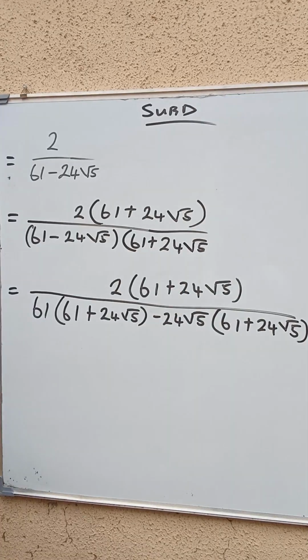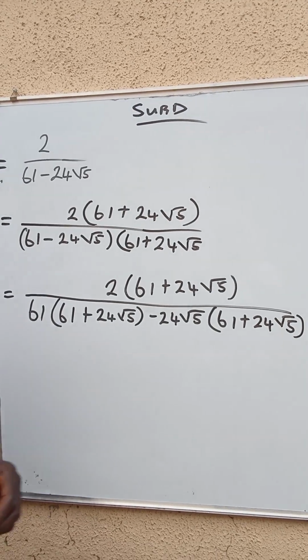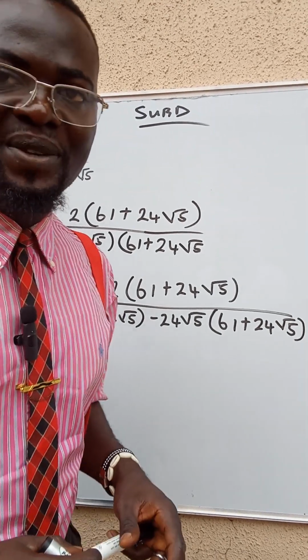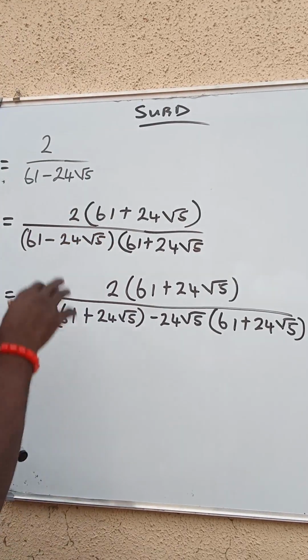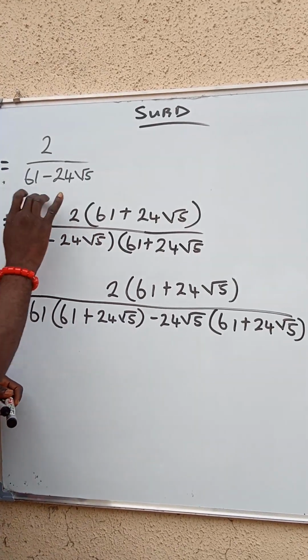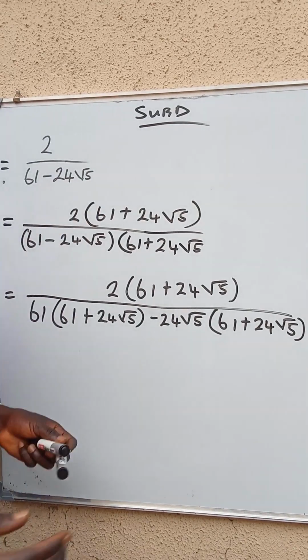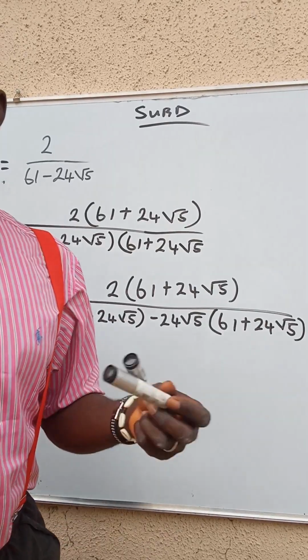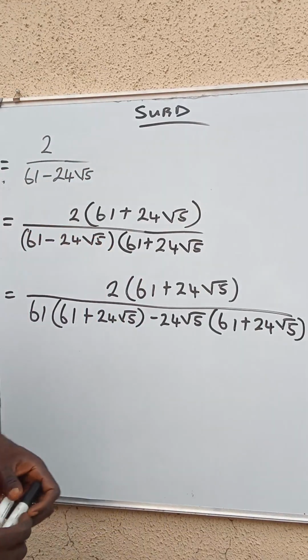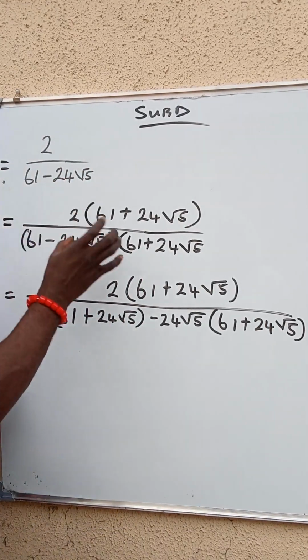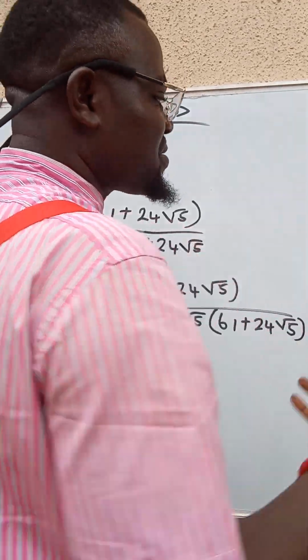Yes, this can be a Maths Olympiad question. Because WAEC will just give you from here. They'll tell you evaluate and rationalize from here and leave your answer in the form of A, B, and C. But this one we have to suffer from here, not suffering.